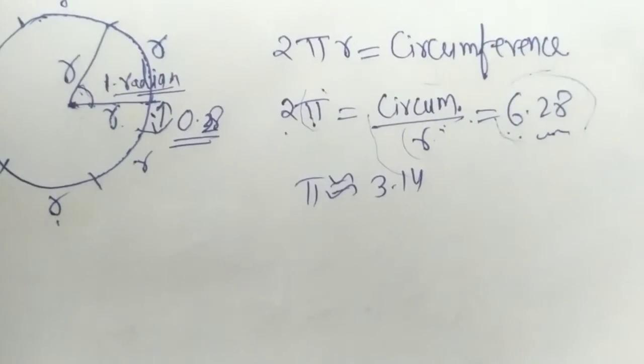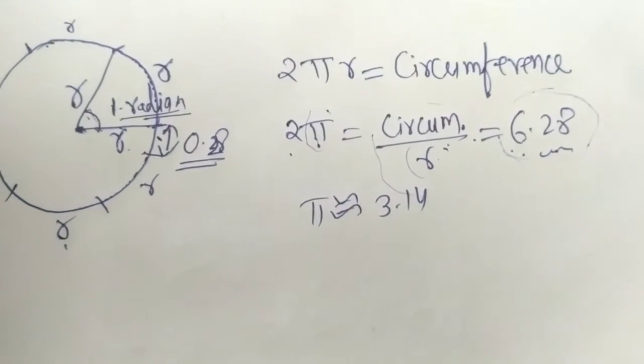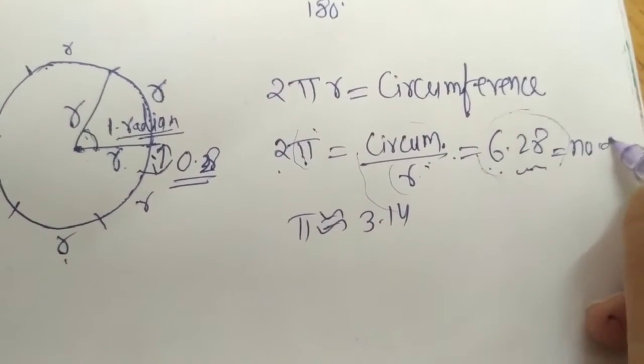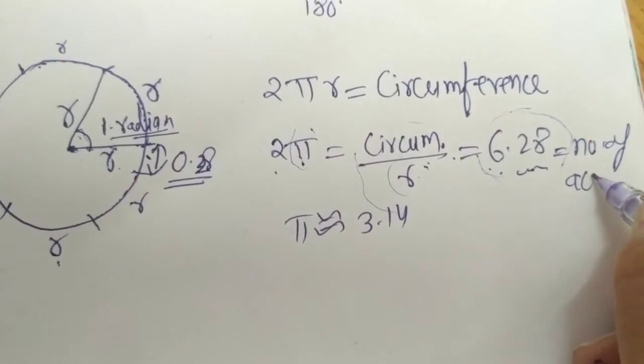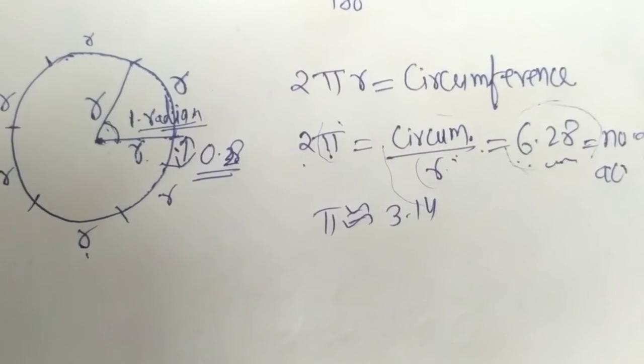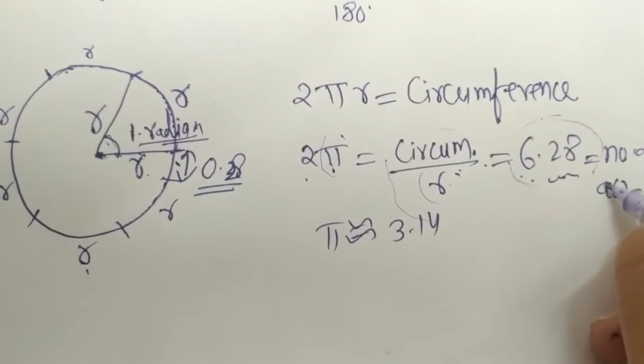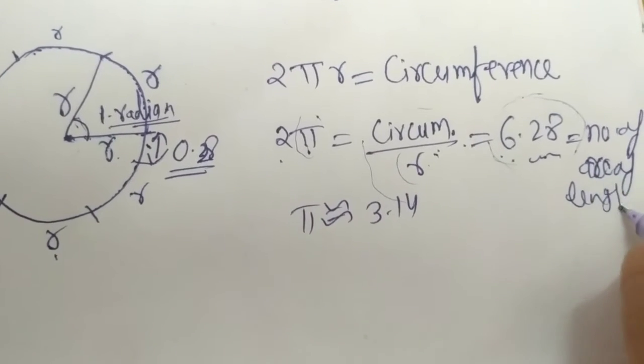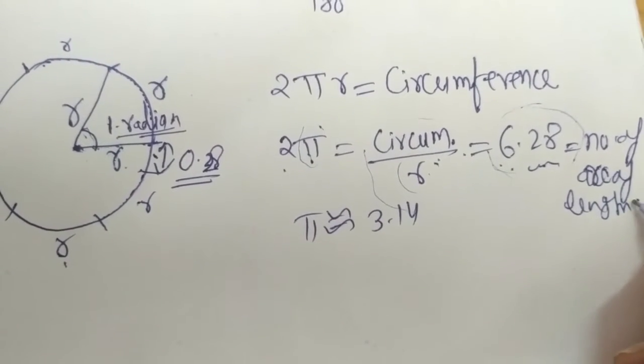Thus circumference upon r gives us the number of arcs of length r.